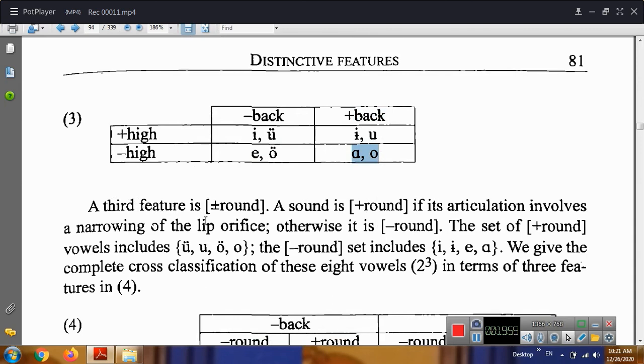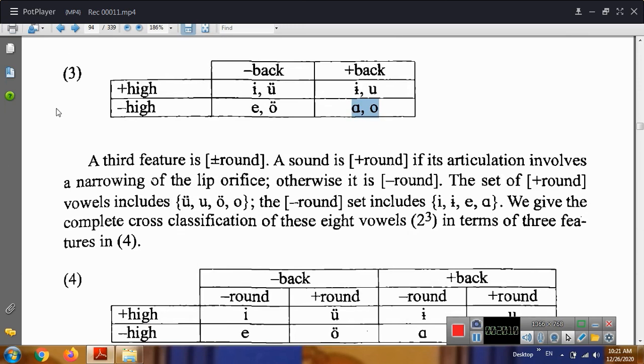A third feature in Turkish vowels is plus and minus round. It is another feature based on which we divide the vowels in Turkish. A sound is plus round. By roundness we mean the shape of our lips. When producing that sound, our lips are rounded, we consider it a round vowel, and when our lips are not round and are spread, we consider it minus round.